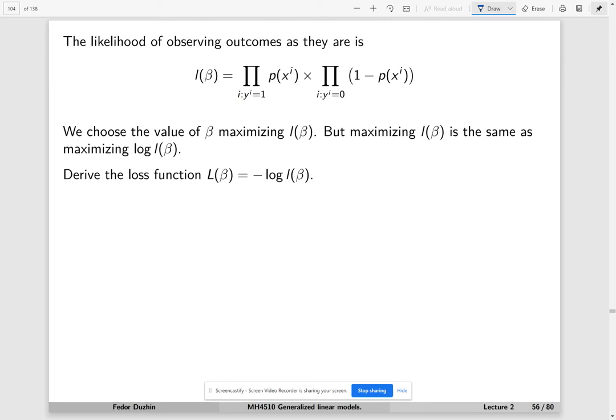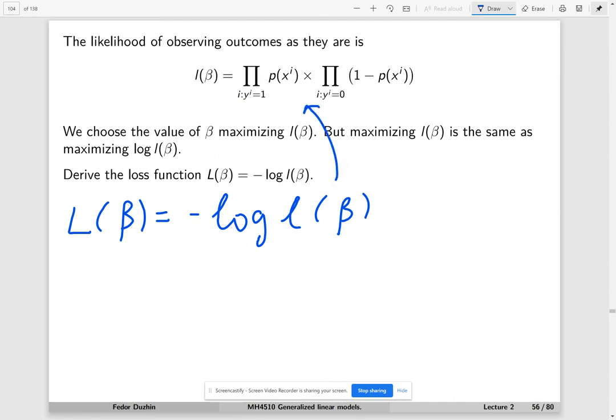So let me derive this loss function. It's going to be minus log of the likelihood. So my L of beta is going to be minus log of my likelihood, L of beta, which is written here.